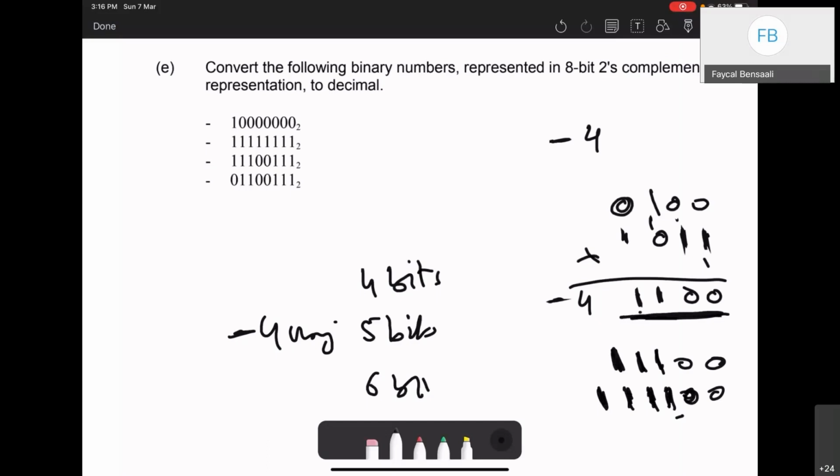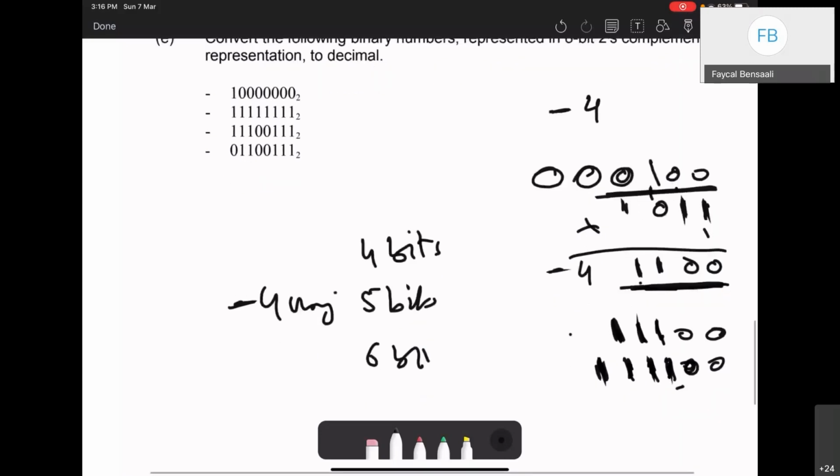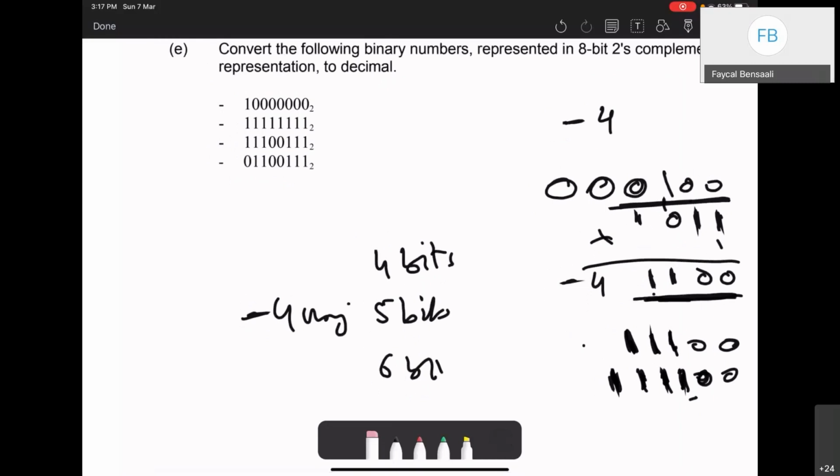This is still minus 4 using 5 bits. You add another one. This is still minus 4 using 6 bits, and so on. Is this clear? Same for positive. If this is 4 using 5 bits, if I add a 0, this is 4 using 6 bits. The same applies to negative values. Is this clear? Yes, doctor, thank you.